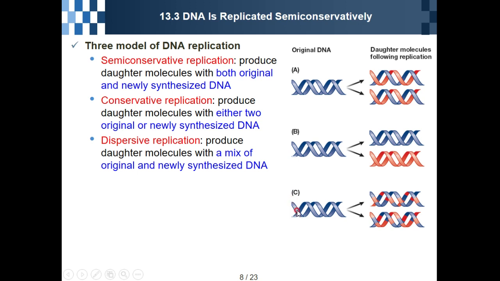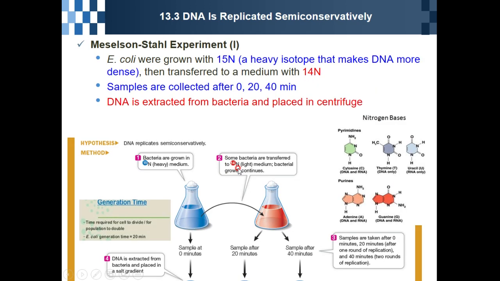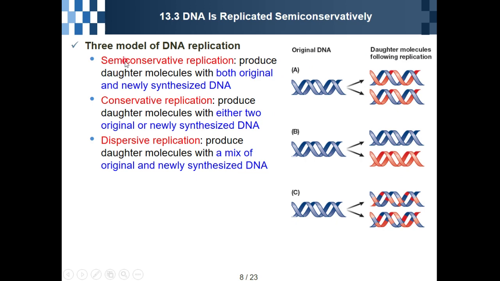Another model is dispersive replication, which produces daughter molecules with a mix of original and newly synthesized DNA, like this. In 1960 we didn't know which one was right, but based on Meselson and Stahl's experiment, people found that DNA is replicated semi-conservatively.